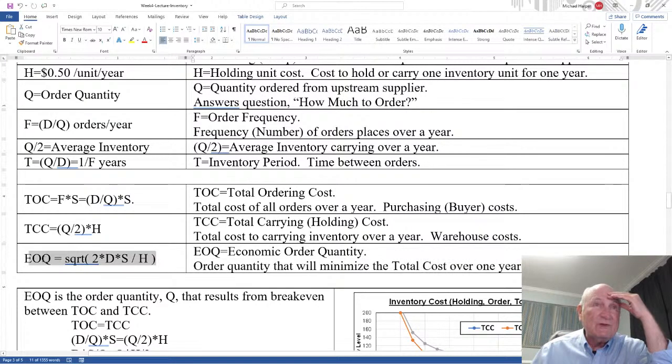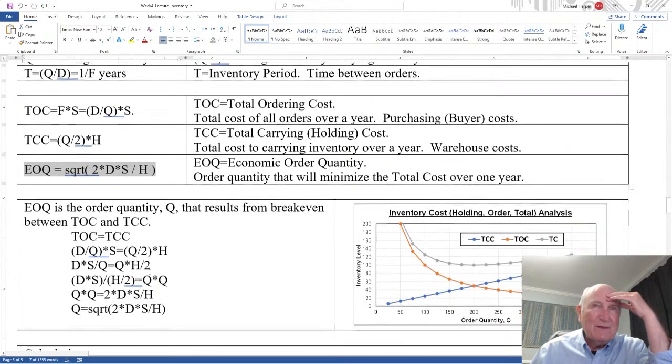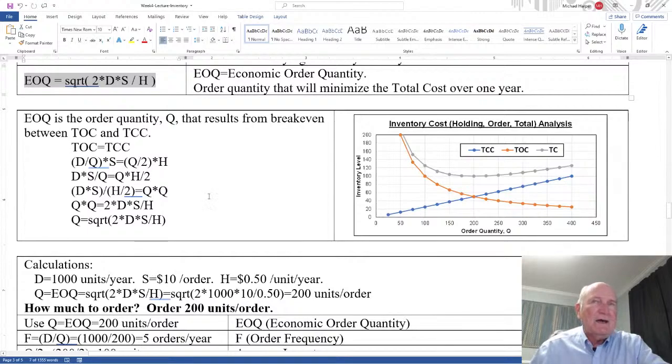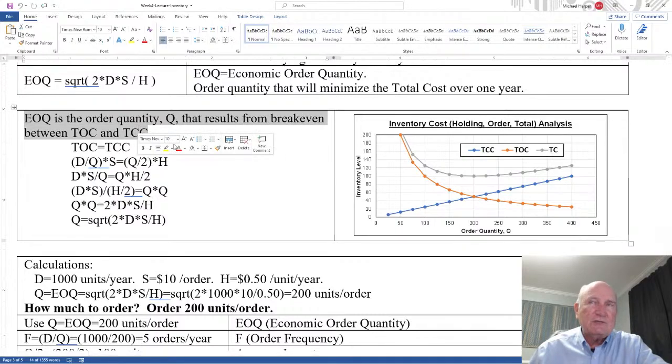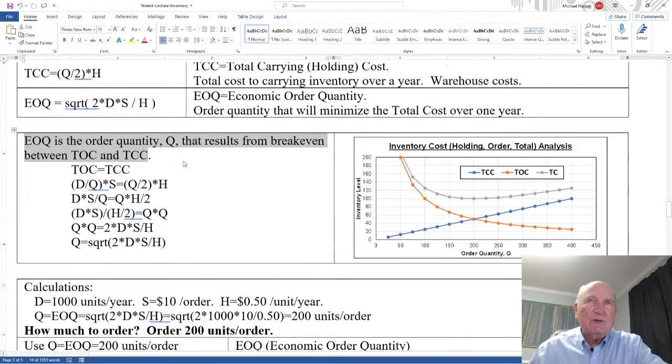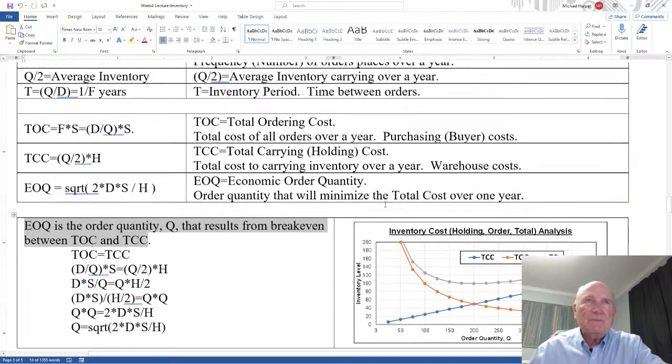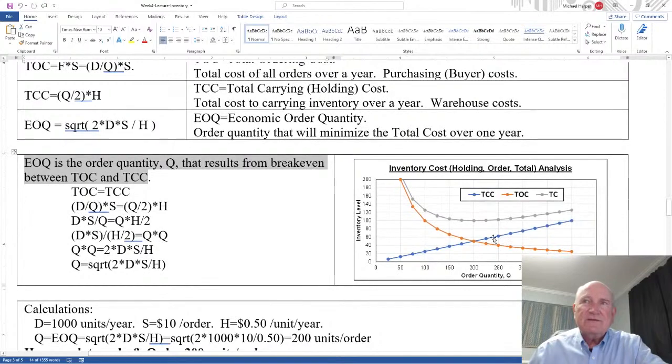Well, where did the equation come from? You can derive this equation very easily. The EOQ is your order quantity Q that results from a break-even between ordering cost and carrying cost. If I sum these two together, this gray here is my total cost.